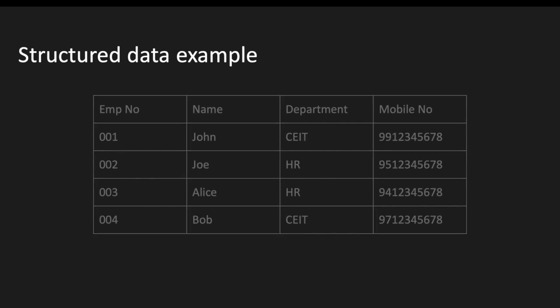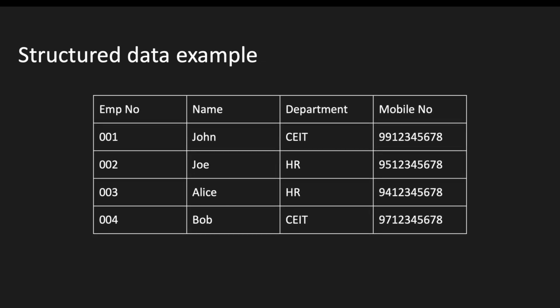Let's check an example of structured data. Here you can see data is arranged in rows and columns, and clearly you can see employee number, name, department, mobile number. So everything is clean and well organized. This kind of data we can call structured data.